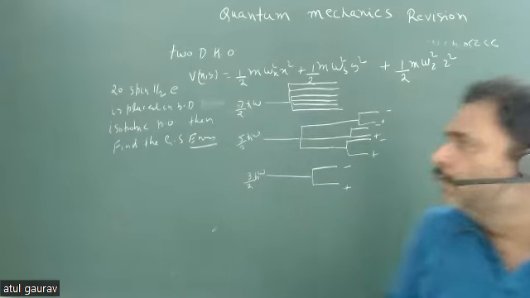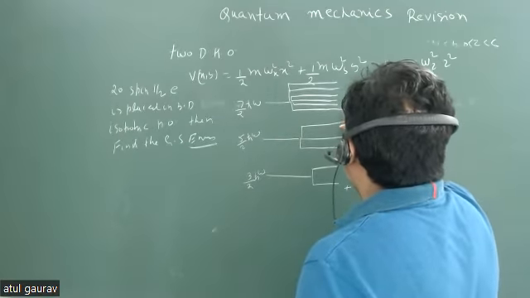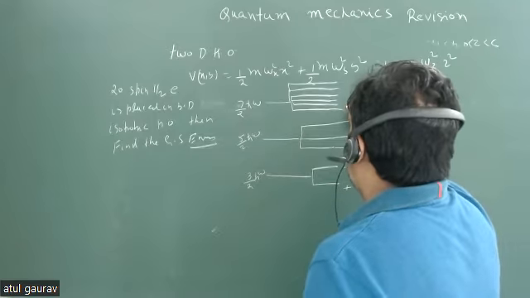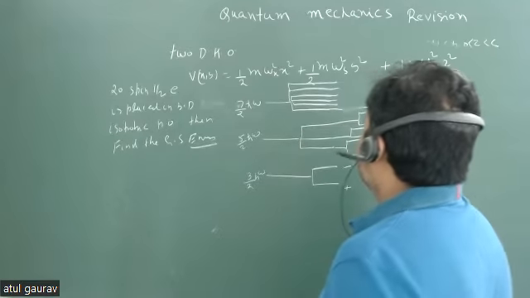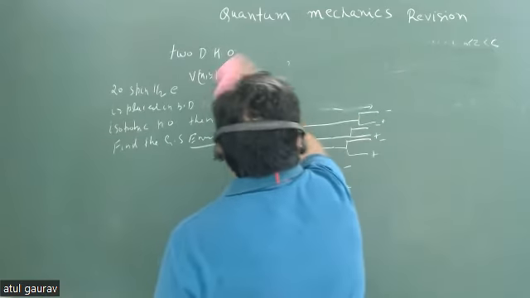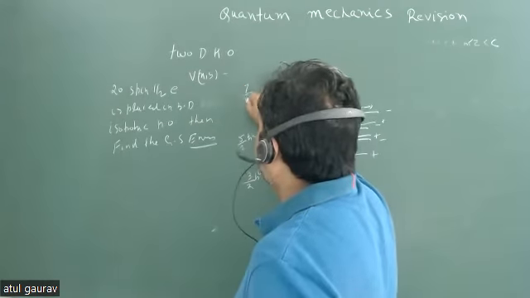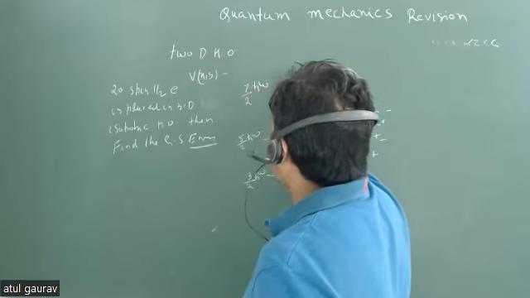Now, if you contribute the spin, then every level breaks into how many parts? Two parts. Each level you will divide into two parts, because you have another quantum number, that is your spin quantum number.